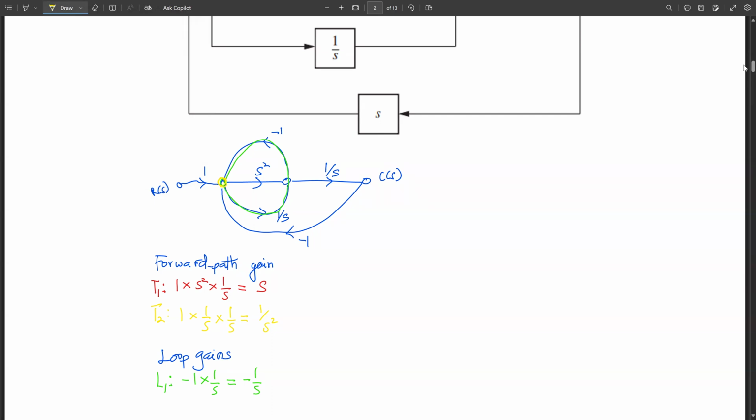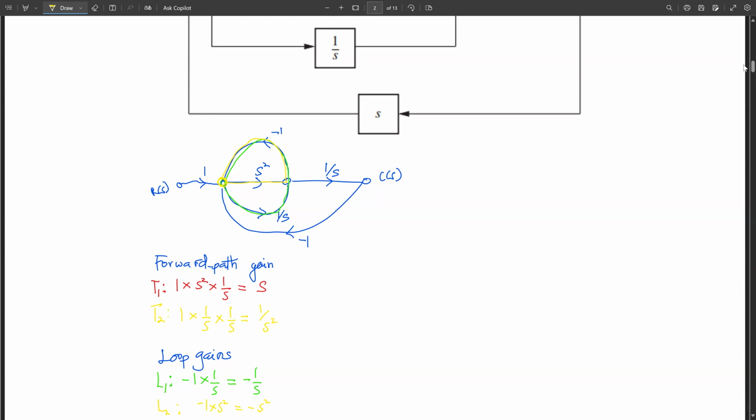Then I traverse this path and I end up on the same node, following the signal flow. So my second loop is minus 1 times S squared. Minus 1 because of the gain here, and S squared because of the gain here. And it gives me minus S squared.